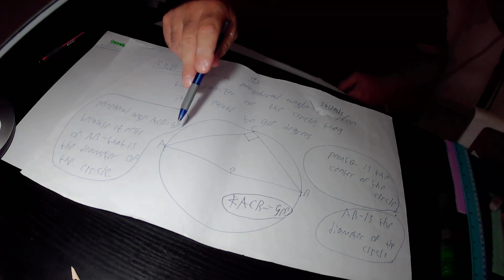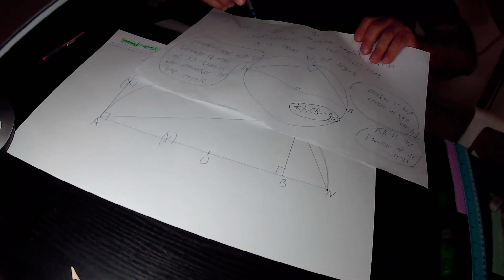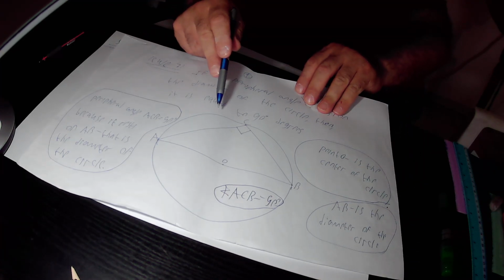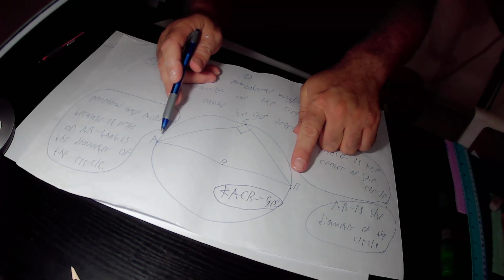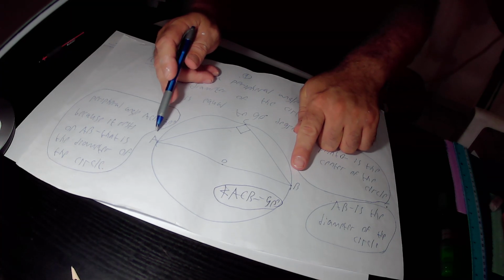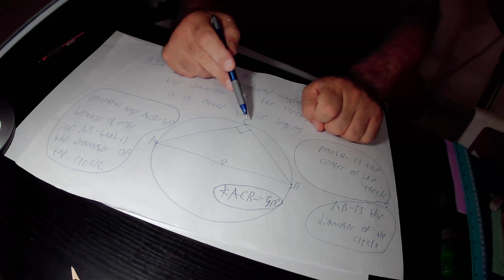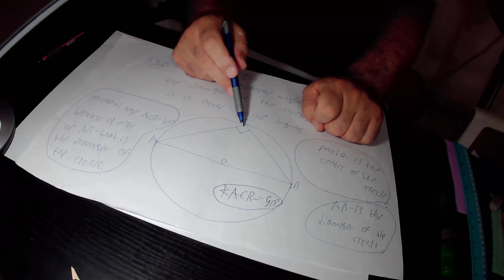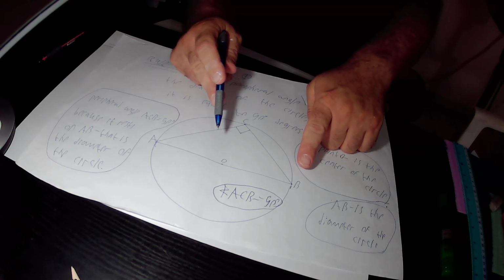So here we have peripheral angle ACB, that subtends AB, that is the diameter of this circle, and therefore peripheral angle ACB is equal to 90 degrees because it subtends the diameter AB of this circle.